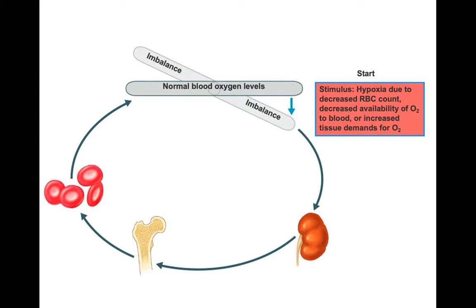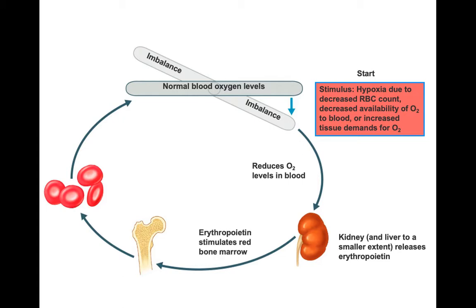And when that happens, you have chemoreceptors in the kidneys that are going to be able to pick up these low oxygen levels. And this stimulates the kidneys to produce a hormone called erythropoietin. Erythropoietin then stimulates the red bone marrow to increase this process we just talked about, which is erythropoiesis. So now we're going to have an increase in our red blood cell count, which then allows us to pick up more oxygen.